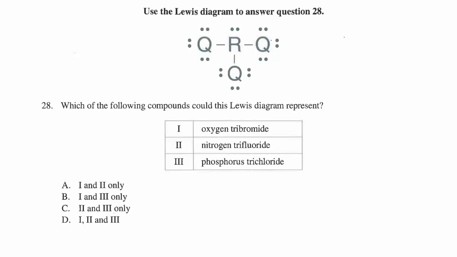I see a name, oxygen tribromide, with 3 bromines as a subscript, then nitrogen trifluoride, and phosphorus trichloride. There you go. And then we want to make sure we have the right number of electrons.